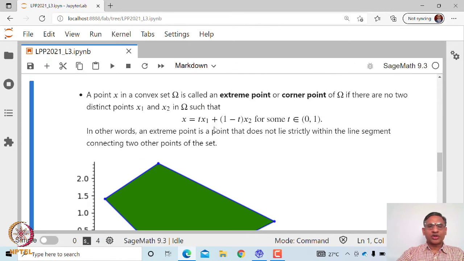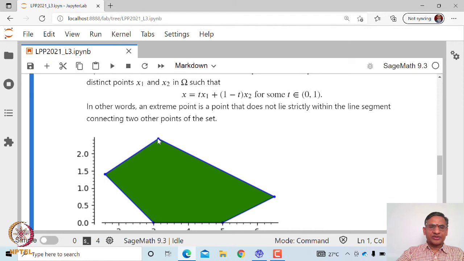One can define corner points as the points x such that x cannot be written as t times x1 plus (1 minus t) times x2, for some t strictly between 0 and 1, and for two points x1, x2 inside omega. So what it says is that if I have a corner point, I cannot write it as a strict convex linear combination of two points from this omega. Such points are called corner points.